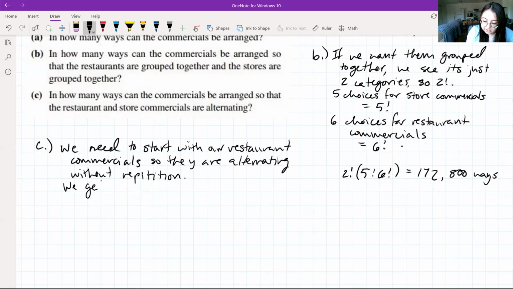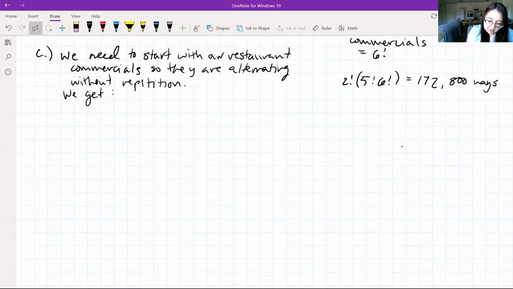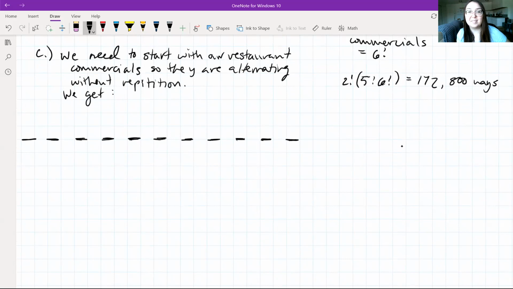All right, so then we get, and let's make our 11 slots here. So let's go 1, 2, 3, 4, 5, 6, 7, 8, 9, 10, 11. So we have our 11 slots.